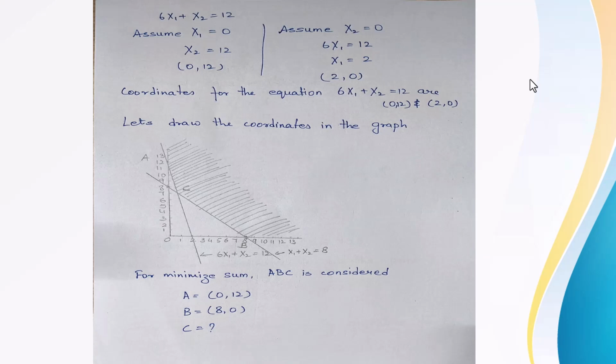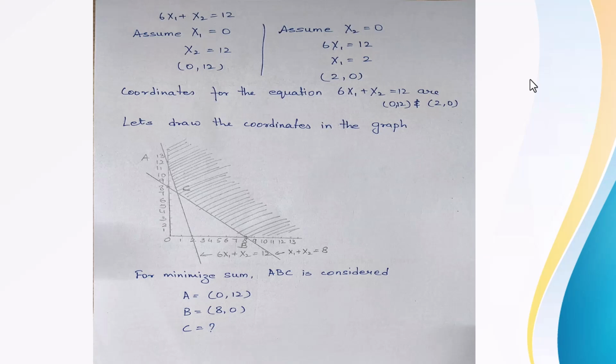For the equation x1 + x2 = 8, the coordinates are (0, 8) and (8, 0). We identify those points and join them to make the line for x1 + x2 = 8.